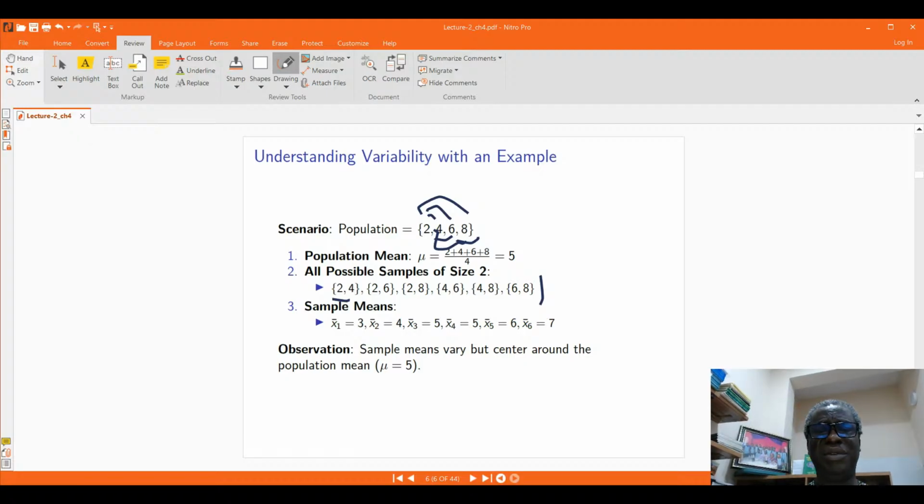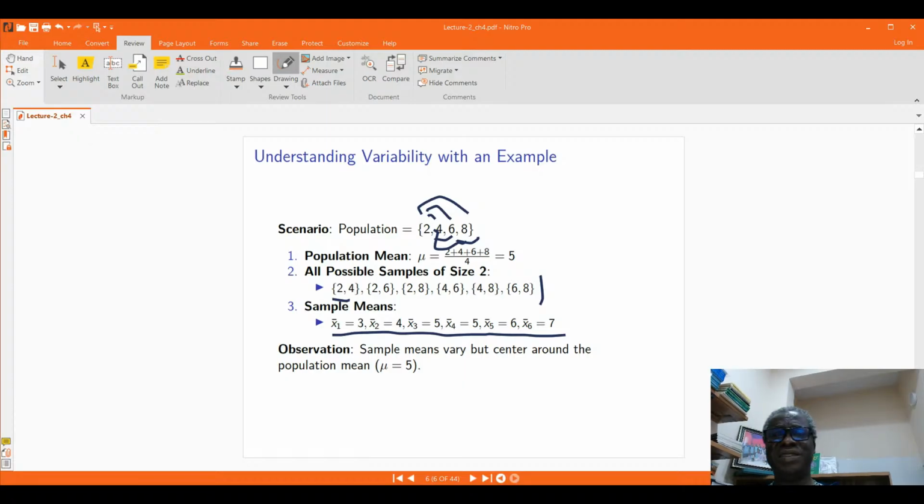So if you recall the statement we made earlier, we can see now that the sample values actually vary. They differ. The sample mean differs from sample to sample. The sample mean in sample 1 is 3.